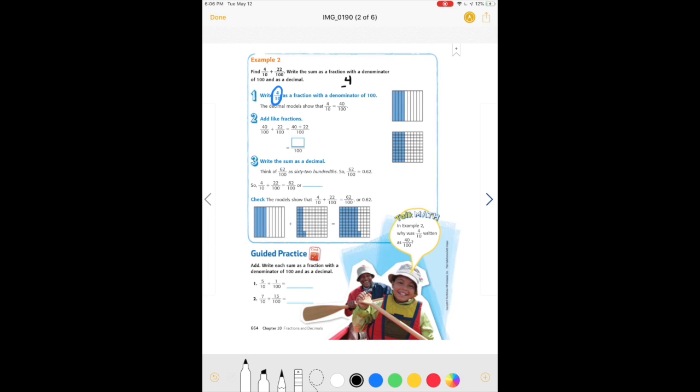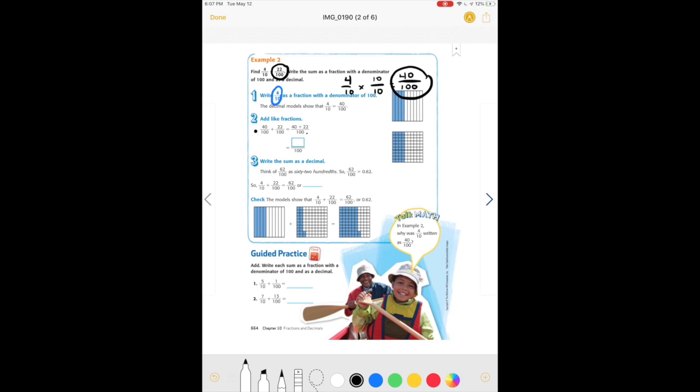So I'm going to need to multiply the top and the bottom by 10. 4 times 10 is 40. 10 times 10 is 100. Now that I have 40/100 and 22/100, I can add like fractions. You can only add fractions when the denominator is the same. So now I can add 40/100 plus 22/100 down here.